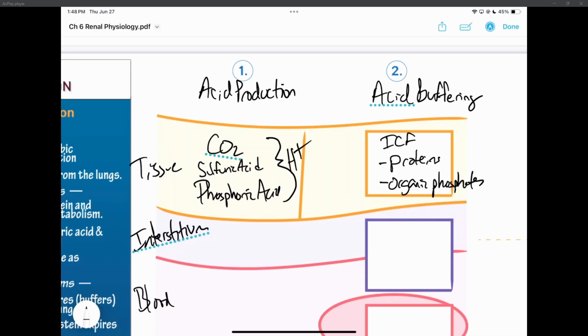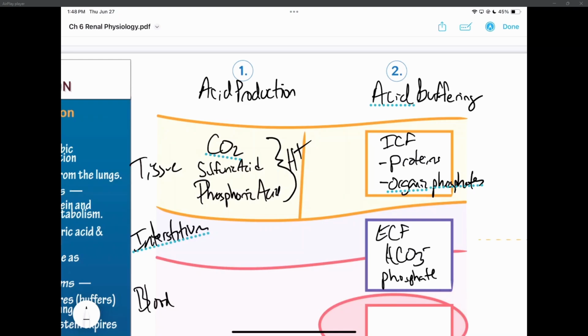So within the cell itself, we can treat the acidity with proteins and organic phosphates. When it gets into the interstitium, or the extracellular fluid, what's the major buffer system we have? What's the major buffer in the blood? Bicarb. And phosphate will do it as well.